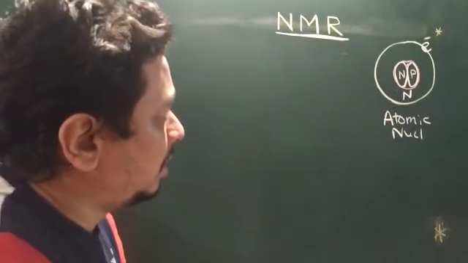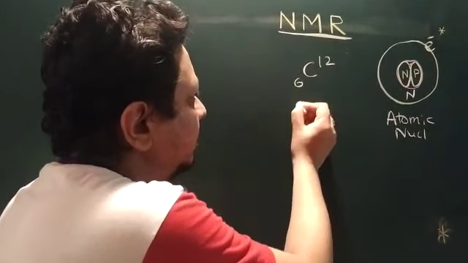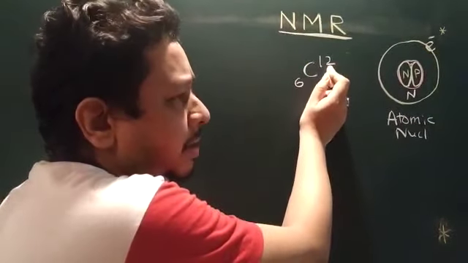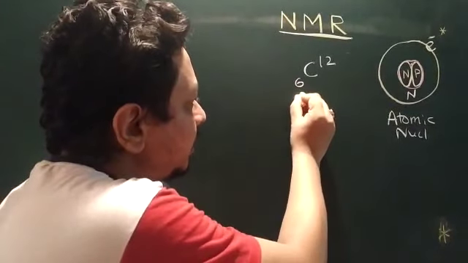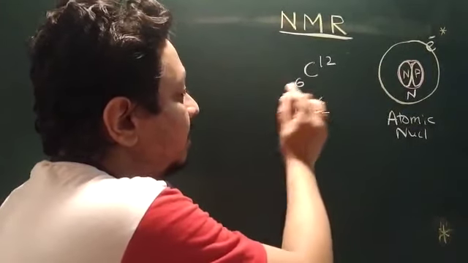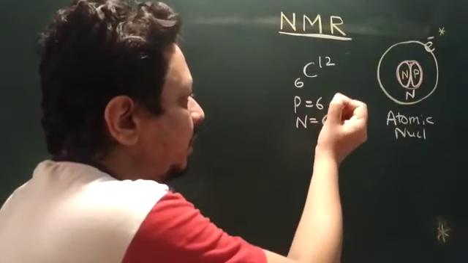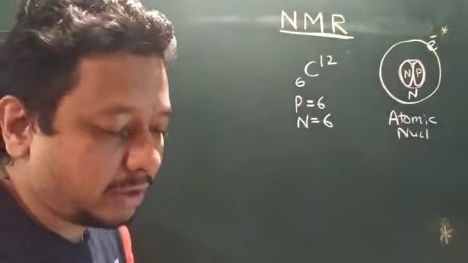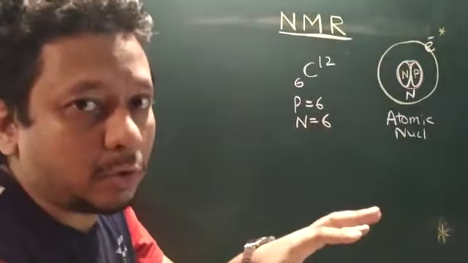Now normally, if you consider C12-6, this is the mass number, this is the atomic number. So the atomic number represents the number of protons, and the mass number minus the proton number represents the neutron number. So in this kind of nucleus, the protons and the neutrons are equal.